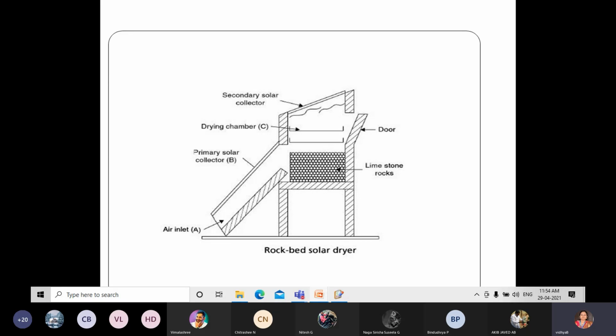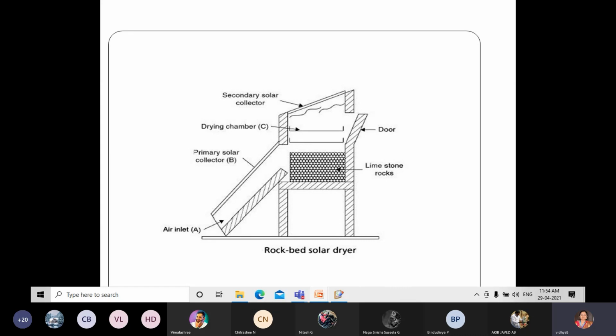Because if cool air goes to the drying chamber, the crops will be damaged and wasted. So to control that, they need a thermostatic control to turn off the airflow. This is about the rock bed solar dryer.